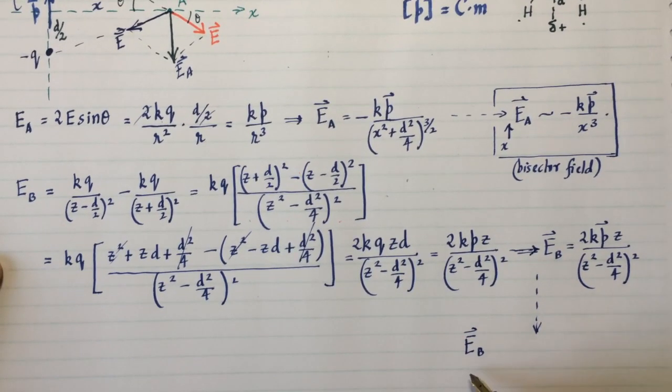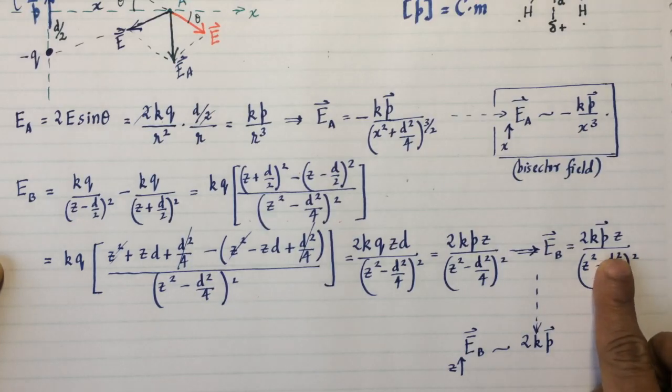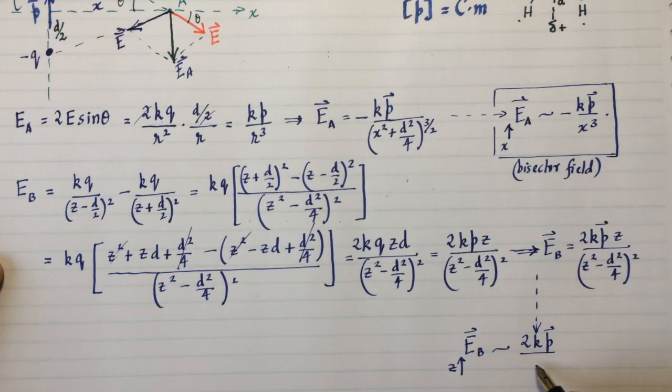So E_B, if Z becomes very large, I always indicate asymptotic limits like this, becomes, and that's also an indication of asymptotics here, 2 times Kp. Now that D squared over 4 is disappearing, that's going to give me Z to the power 4 down there, Z squared whole squared. Z to the power 4 and Z, so I get Z cubed in the denominator.